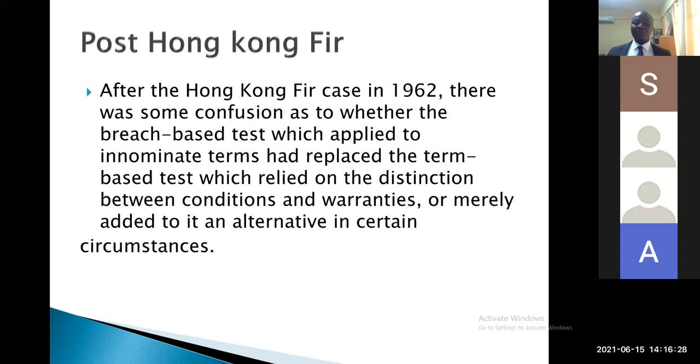Does it mean that we should forget about the classification by just using a condition or a warranty, and simply say that in every situation let a breach occur, and then when a breach has occurred, we measure the impact of the breach on the contract, then we determine whether we should allow remedies for breach of condition or remedies for breach of a warranty?